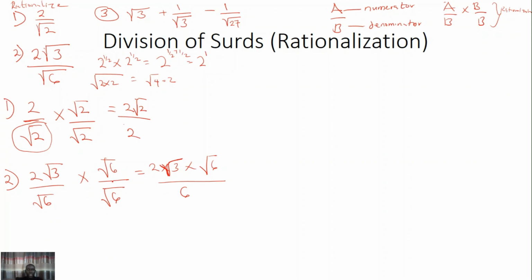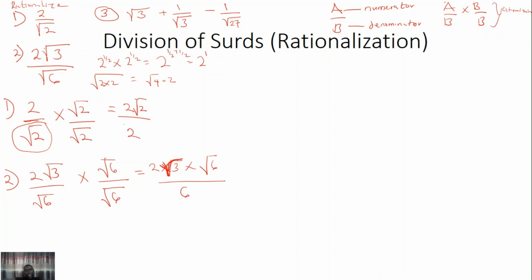Now, how do we simplify this? When I talked earlier about multiplication of surds in my earlier video, I advise you to watch it. The link is above. Watch it and you will understand multiplication of surds.